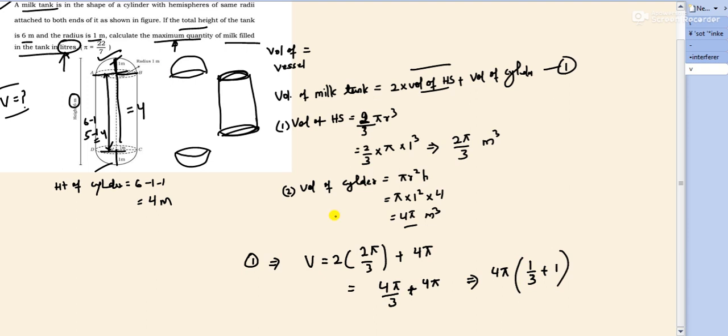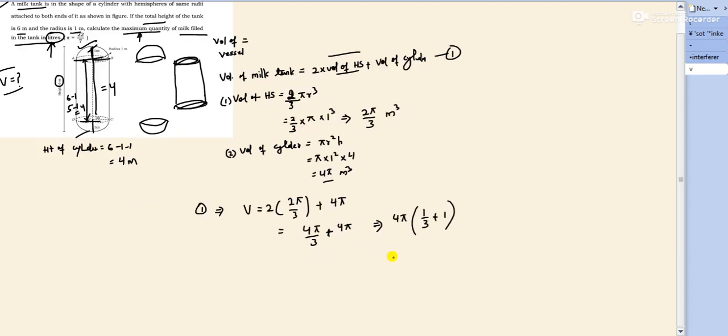Now what are you going to do? Let me make it smaller. Substitute, they have given take pi as 22 by 7. So I'll take 4 into 22 by 7 into, here if you take LCM you will get 3, and here 1 plus 3. So on solving this you will get 4 into 22, this is 3 plus 1 is 4, and how much is this? 7 into 3, correct?